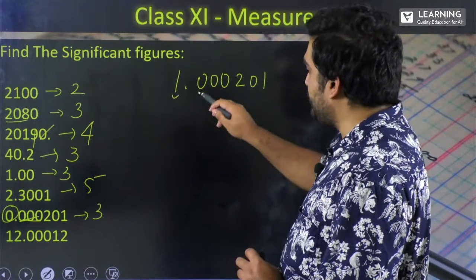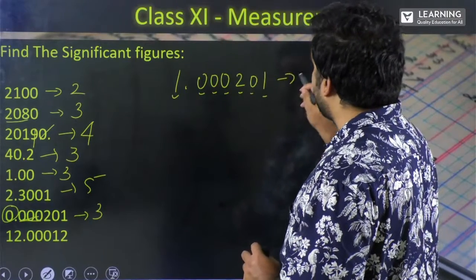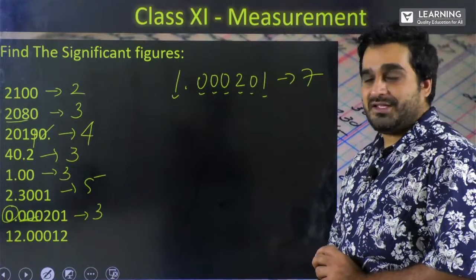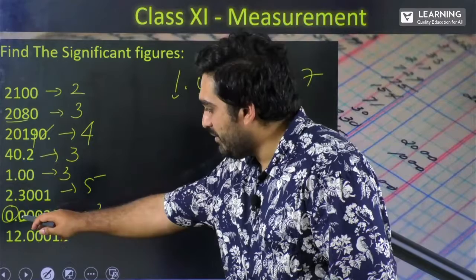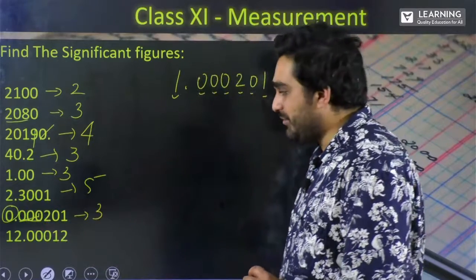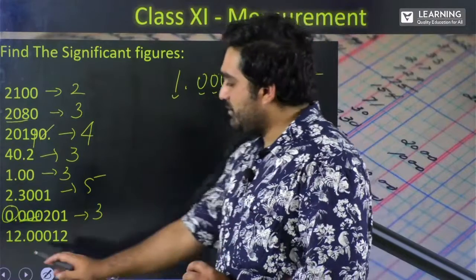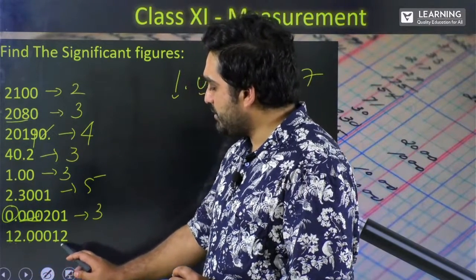So it is 1, 2, 3, 4, 5, 6, 7. So total of 7 significant figures. If it is equal to 0, then the entire leading zeros are ignored. How about this? Well, just like this, now you count the number of digits. 1, 2, 3, 4, 5, 6, 7.